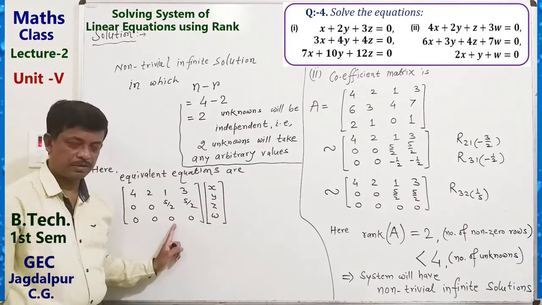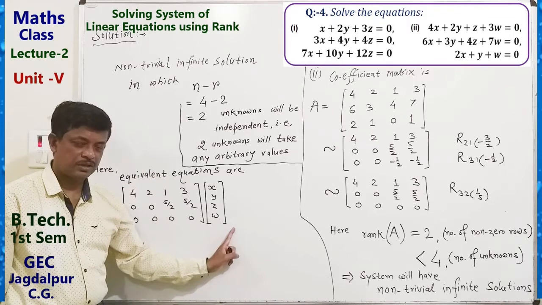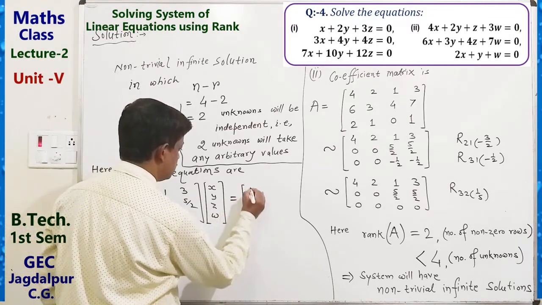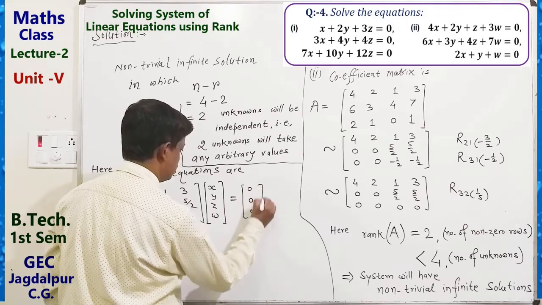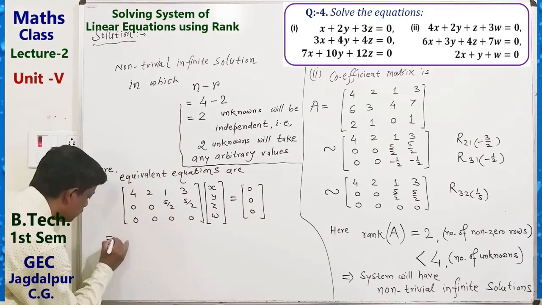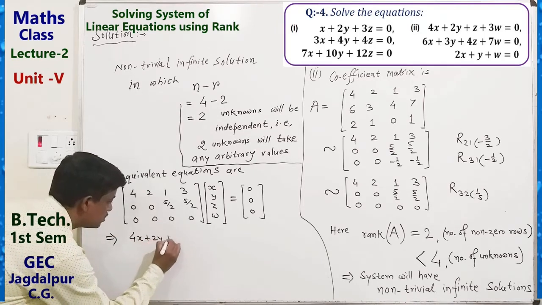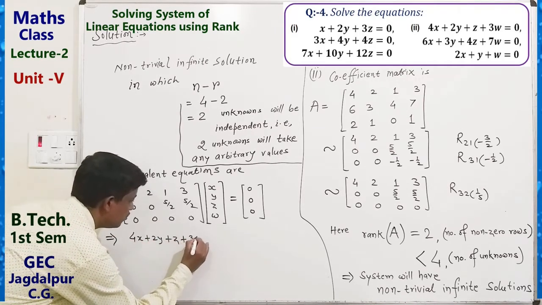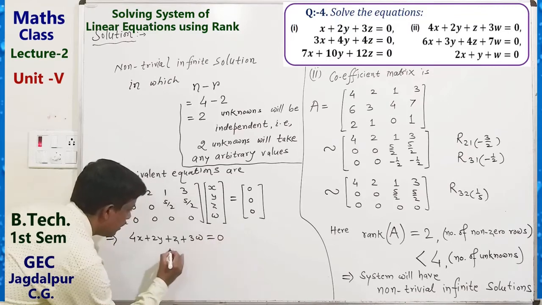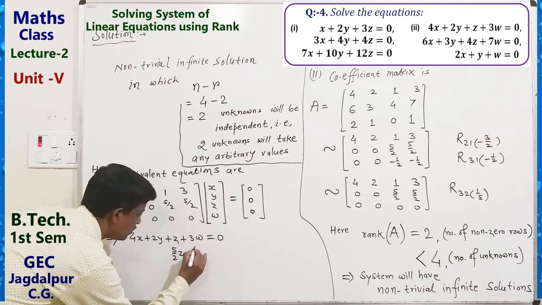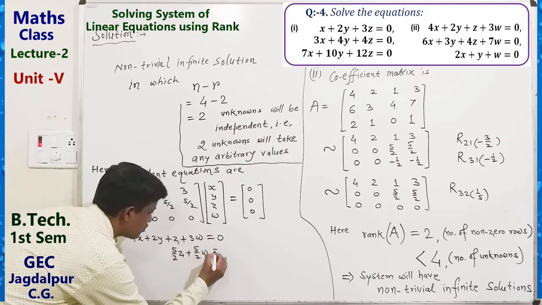Okay, this is 3 by 4, this is 4 by 1, so equals to 3 by 1. That is this 0 0 0. This equation can be written as 4x plus 2y plus z plus 3w equals to 0 and 5 by 2 z plus 5 by 2 w equals to 0.